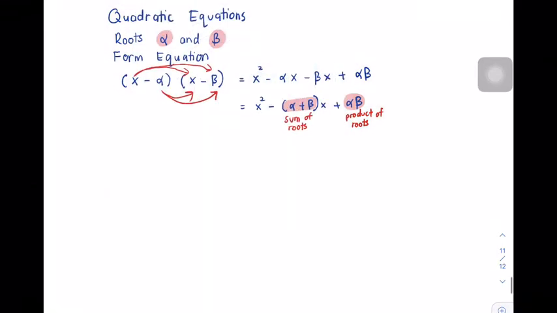Now let's look at the cubic equation. Let's say the roots for a cubic equation are alpha, beta, and gamma.